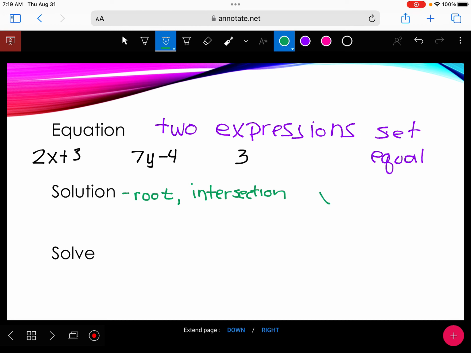Basically what it is is get to x equals, or y equals, or if we have both, x equals and y equals. In this particular chapter, we're going to have a lot of solutions being a point, x, y. So we're going to be finding a lot of intersections, so equations and where they cross.